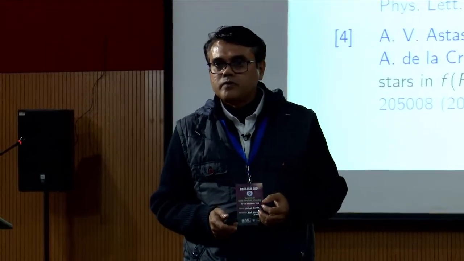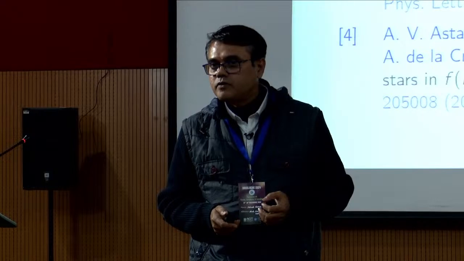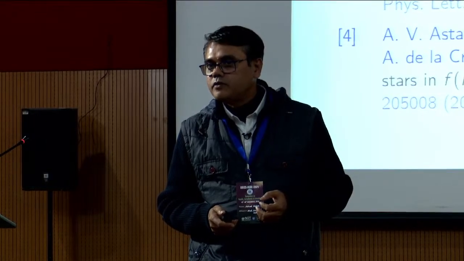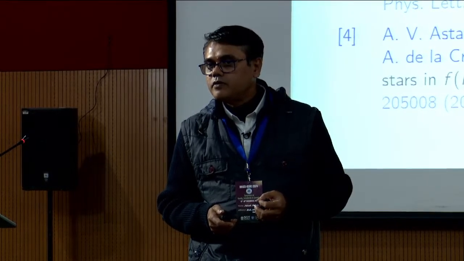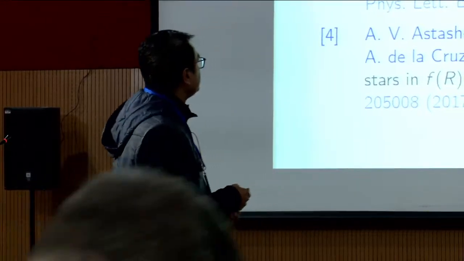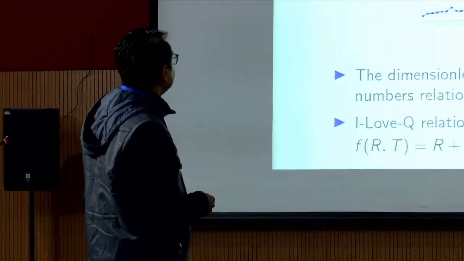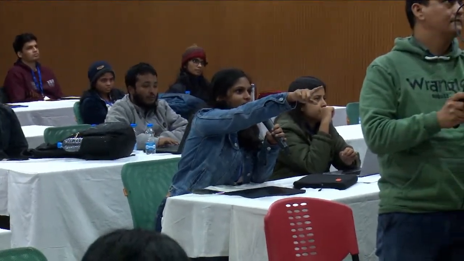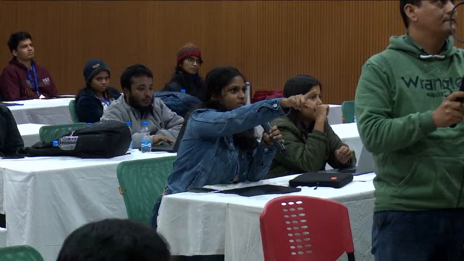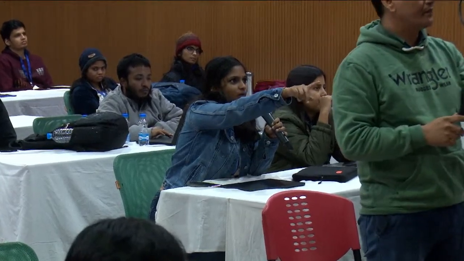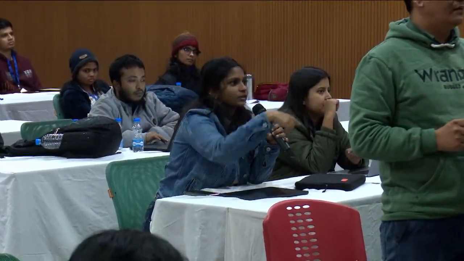In one of your slides about the variation of tidal Love number, one of the equations of state was showing a different trend. Can you go back? I think before this, yeah, this one. So each one is an equation of state, right? Why is the last one giving a different trend?